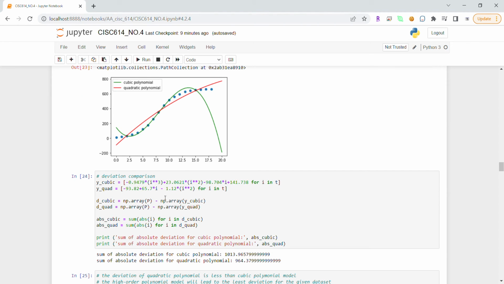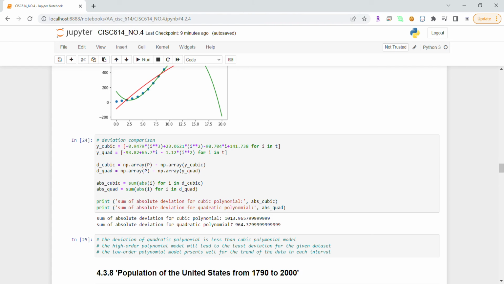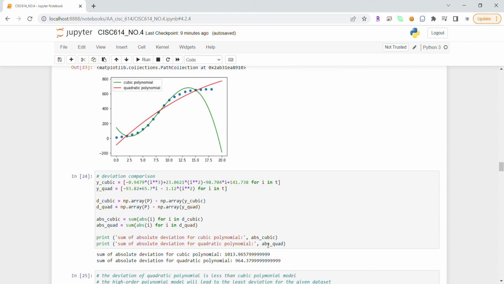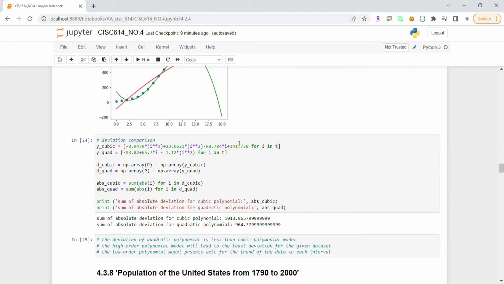The sum of absolute deviation of the cubic polynomial is 1,000 something, and the sum of absolute deviation for the quadratic polynomial model is less than 1,000. So the deviation of the quadratic model is less than the cubic polynomial model.